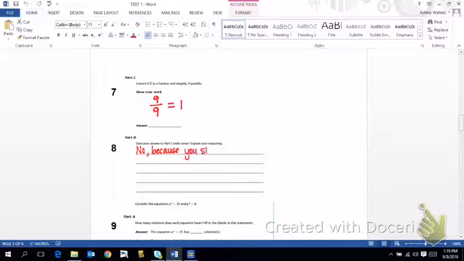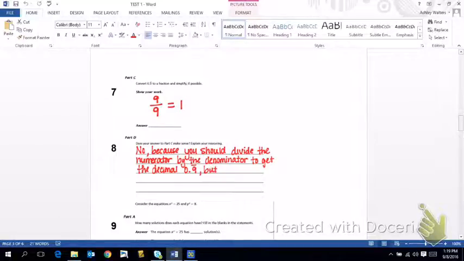So you should be able to divide the numerator, which is 9, by the denominator, to get the decimal, which is 0.9 repeating.